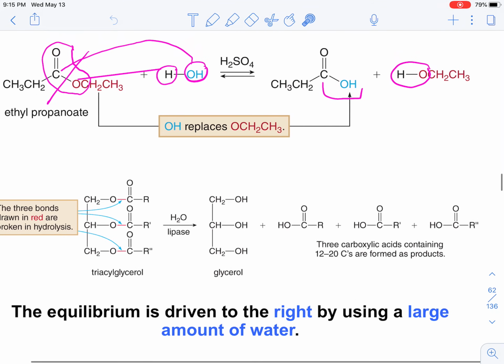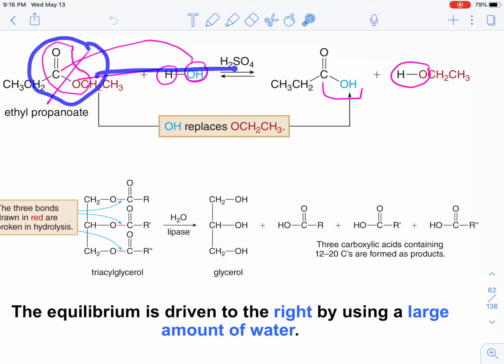It turns out that acid hydrolysis will only occur in the presence of H2SO4 if the reaction is driven by large amounts of water. So if there's excess water present, and if an ester is present, then it's most likely that that ester is going to decompose into a carboxylic acid and an alcohol.